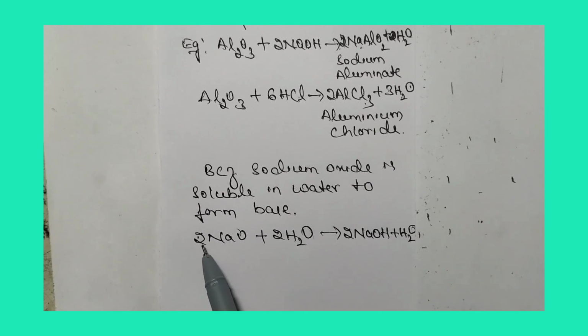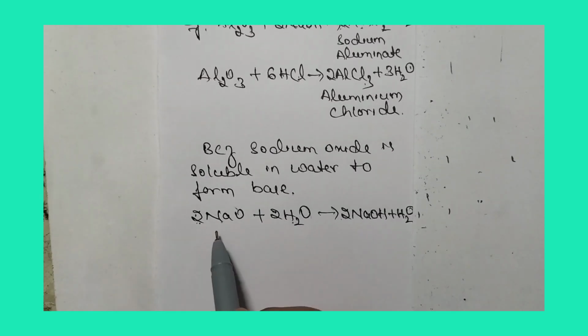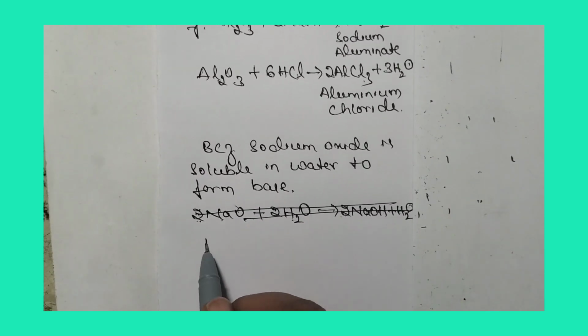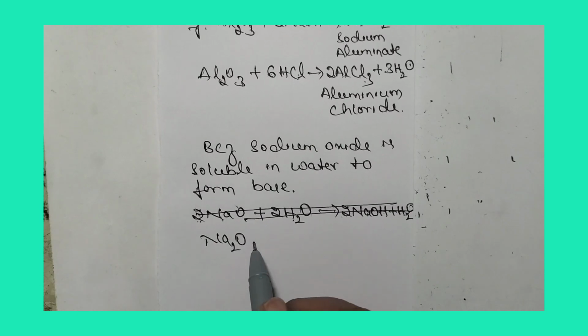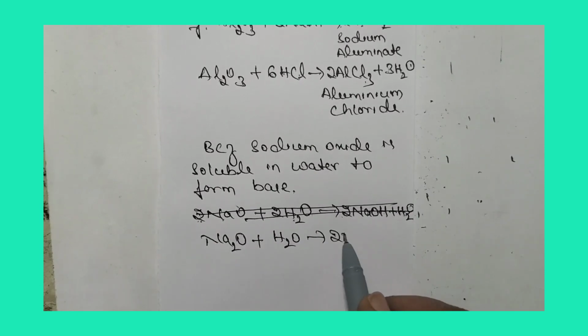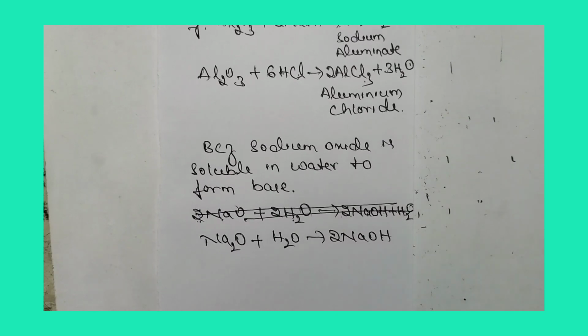See whether the equation is balanced: 2Na, then 2 times 2 is 4, so here 2 hydrogen. Coming to oxygen, there are two oxygen here. So let us write the balanced equation this way: Na2O, that is sodium oxide, reacts with water to form 2NaOH, sodium hydroxide.